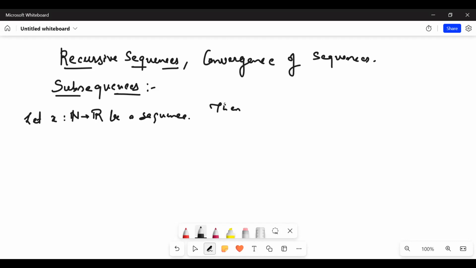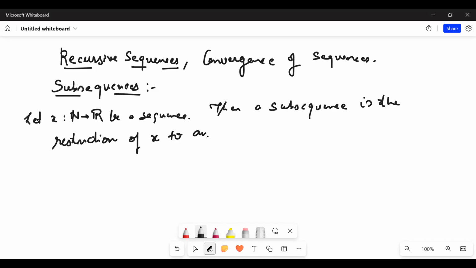then a subsequence is, I can write, the restriction of X to an infinite subset of N. So for example, let us say I have a sequence Xn.